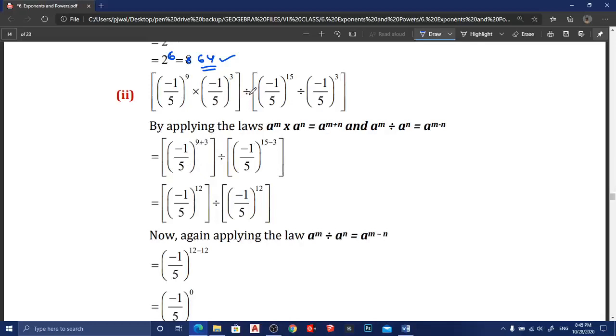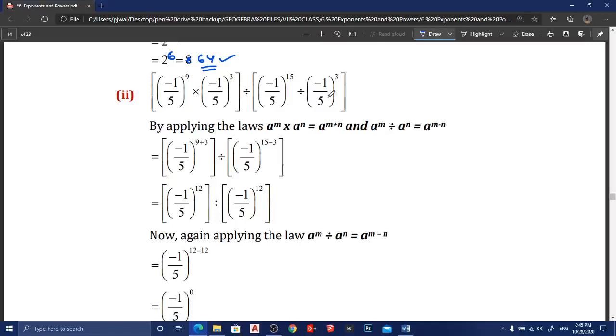Okay. Now, division is there, so take these two numbers which are given in the second bracket. Here division symbol is there. Both the bases are equal, powers are different, and you are dividing, means you have to use the second formula: a to the power of m divided by a to the power of n is equal to a to the power of m minus n.